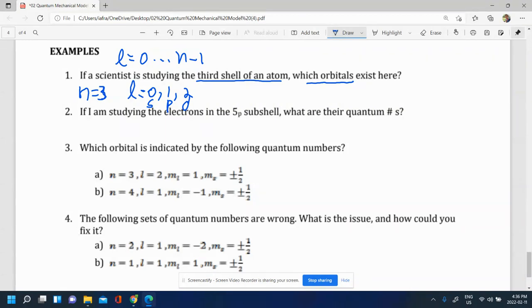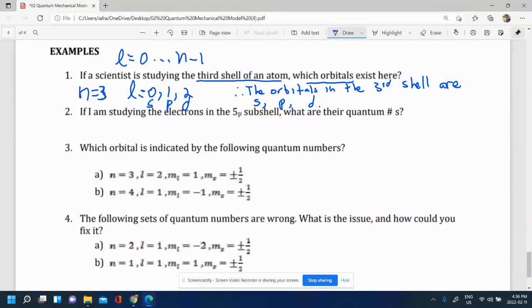That's what that means. So we can say that, therefore, the orbitals in the third shell are S, P, and D. But I'm going to be more specific.